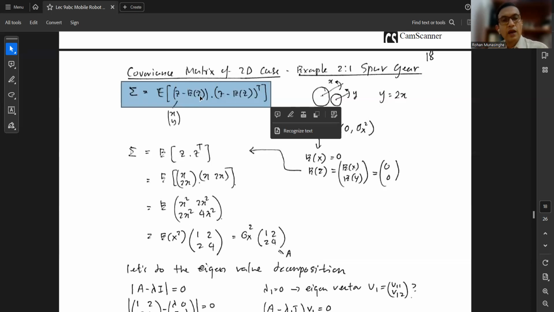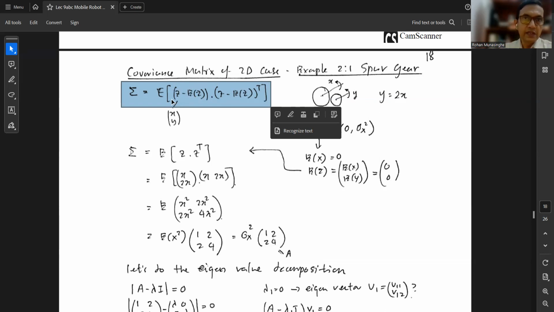So expected value of the square error, sum of square errors, that is the variance. So here we have two variables, X and Y. We use the name covariance. So this is the equation to calculate the covariance matrix.